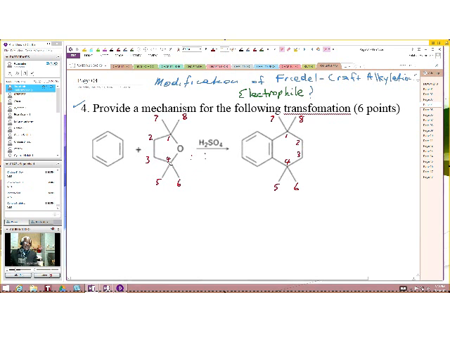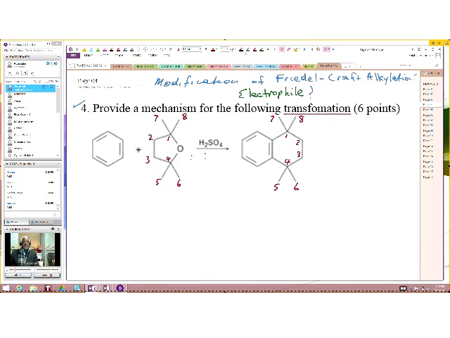Since we are also going to join this carbon number 4 to this carbon here of the benzene, do you expect us to form a carbocation on carbon number 4? Yes or no? Okay, yes.